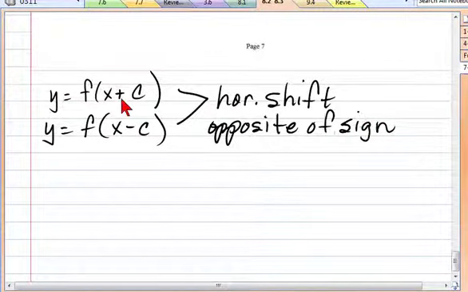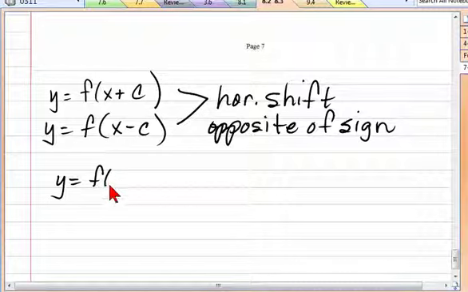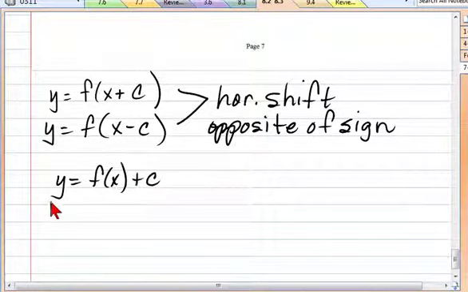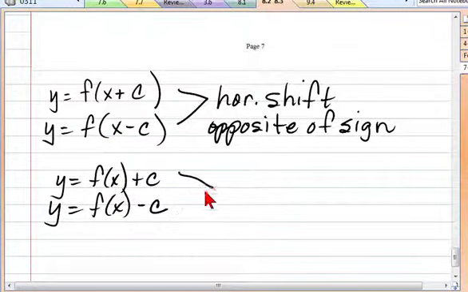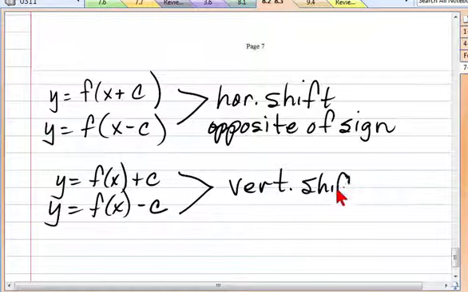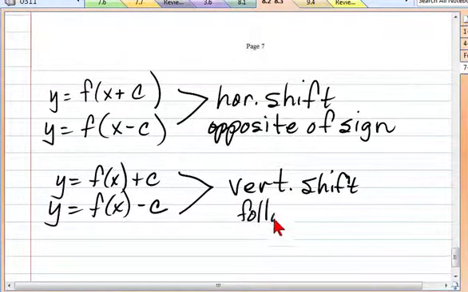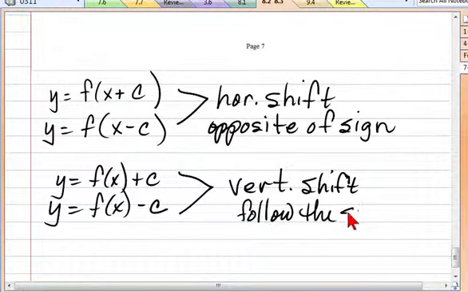So if it says a positive, you'll go left, and if it says a negative, you'll go right. But if you have y equals f of x plus c, or y equals f of x minus c, for both of those, you have a vertical shift and follow the sign. So plus is up and negative is down.